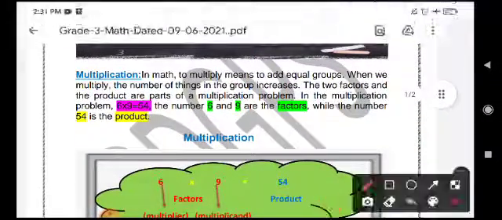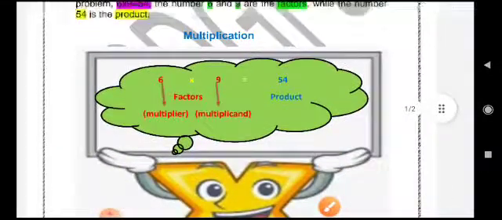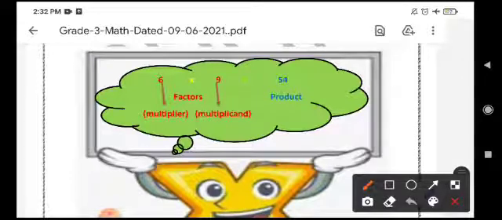When we multiply, the number of things in the group increases. Yes, the 2 factors and the product are part of a multiplication problem. So, what are the components of a multiplication problem? 2 factors. Let us learn from here. See, this is a multiplication problem. Here the cross signifies that this is a multiplication question.